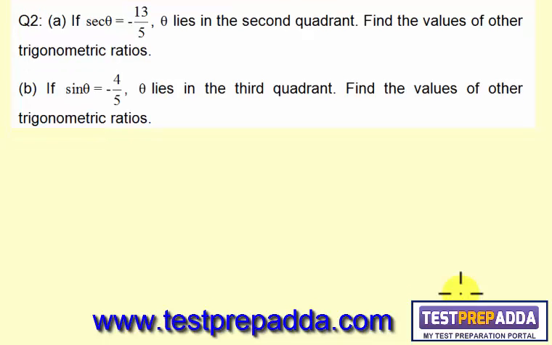The question says, question number 2A: sec theta is equal to minus 13 by 5 and theta lies in the second quadrant. Find the values of other trigonometric ratios.